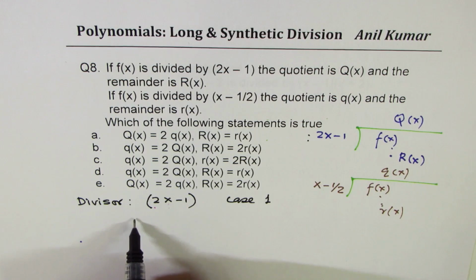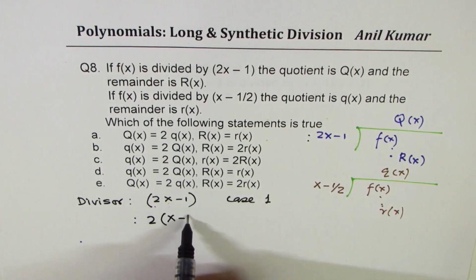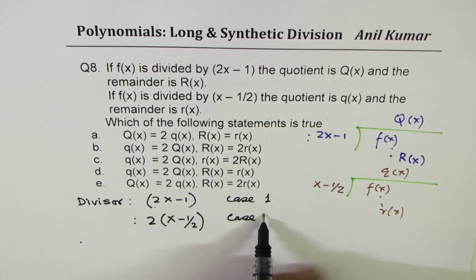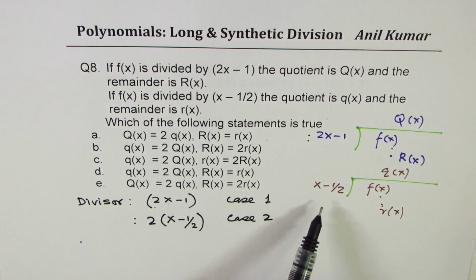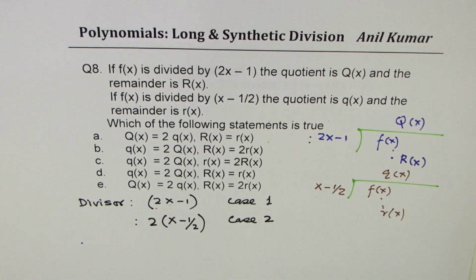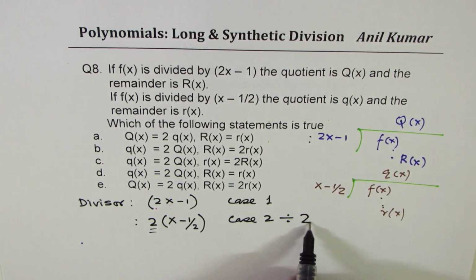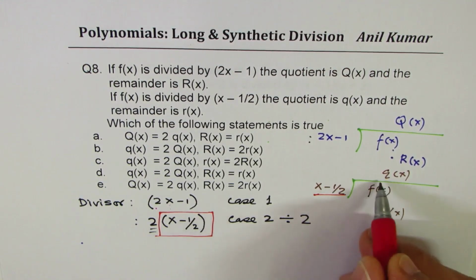Now, in the second case, what we have done is we took 2 common and then we could write this as x minus half. So this is case 2. But in case 2, we are only doing division by x minus half, not by this 2, right? So basically, what we have to do is, we have to do case 2 divided by this number 2. So we actually divide by x minus half and got this result, right?